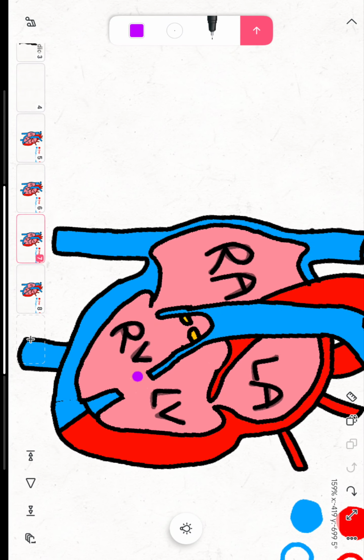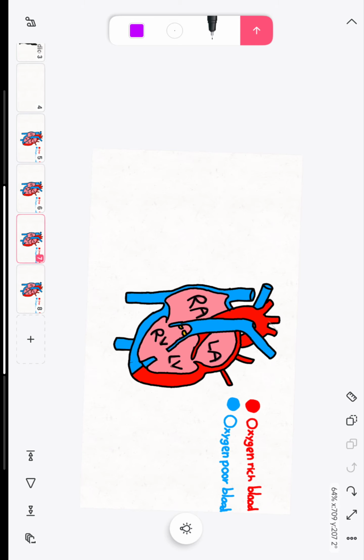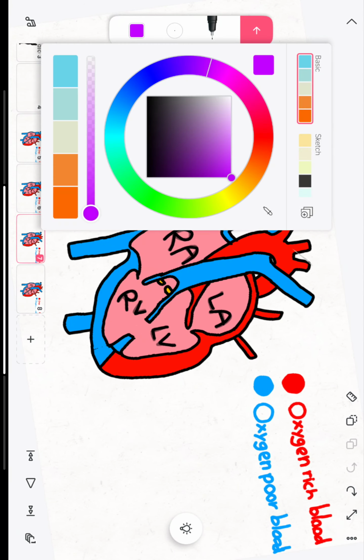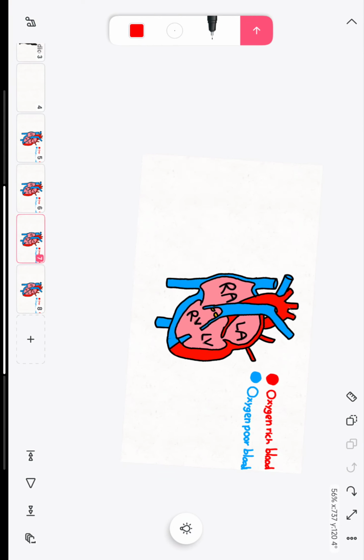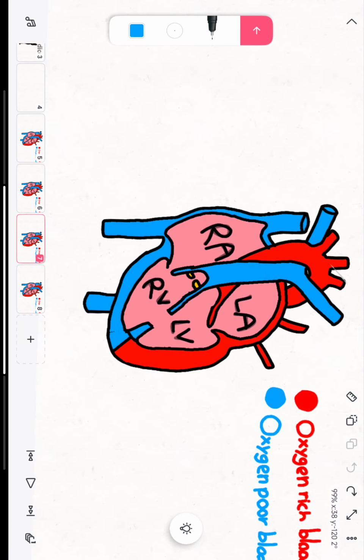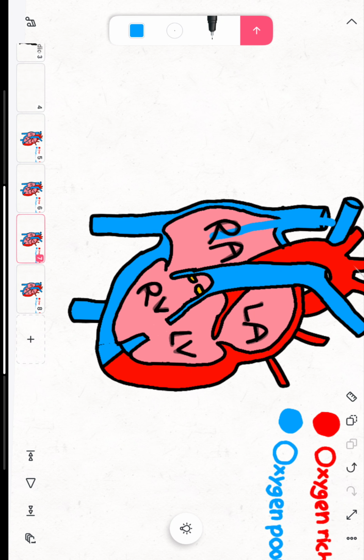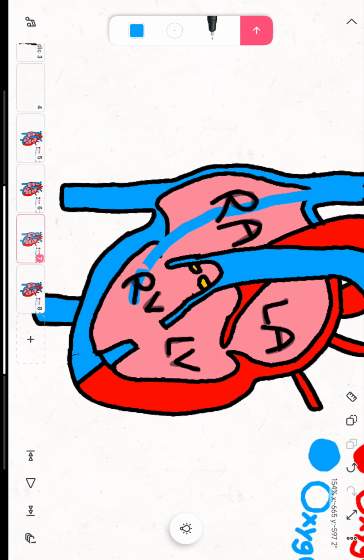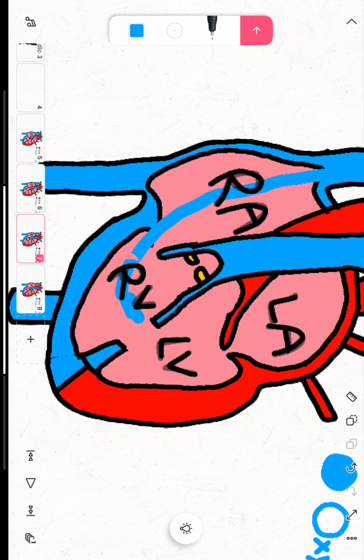So whenever the oxygen-poor blood goes through the right atrium and the left ventricle, this has a very tight closing, so it's not that easy to get through.